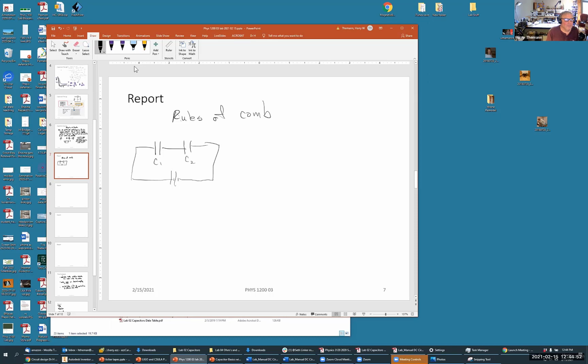So this is series, and the rules of series. A series circuit says that delta V C1 plus delta V C2 has to equal V battery.